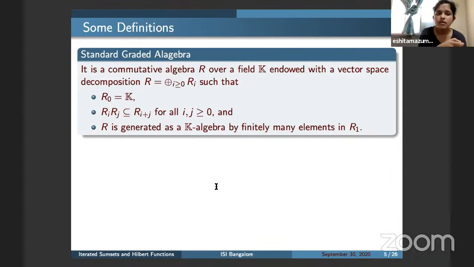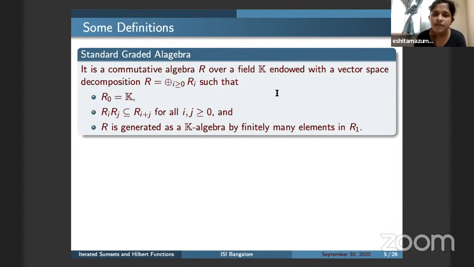First of all, R_0 is my field K. R_i R_j is a subset of R_(i plus j) for all i, j greater than or equal to 0, and R is generated as a K-algebra by finitely many elements in R_1.